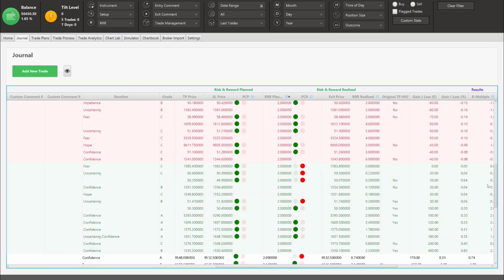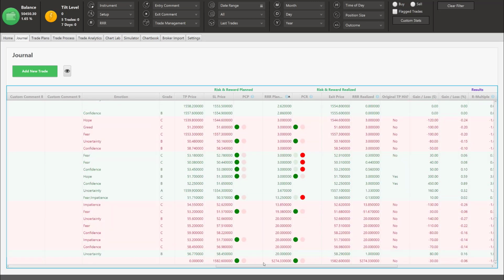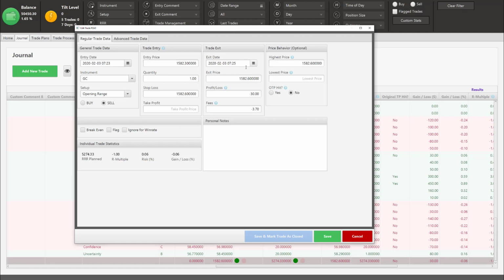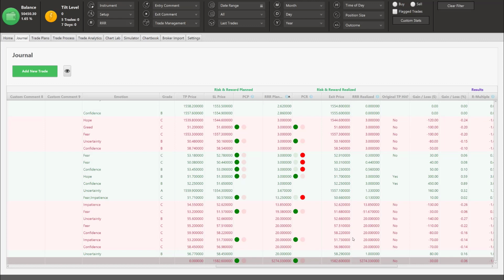When we go to the other end of the spectrum, you can see here is still another trade with a very, very high reward to risk ratio that will skew your performance. And you can see the trader did not enter a take profit. So I would really recommend that you take a look at your journal, and if the reward to risk ratio is something that you would like to use, make sure to enter all your values here as precisely as possible.